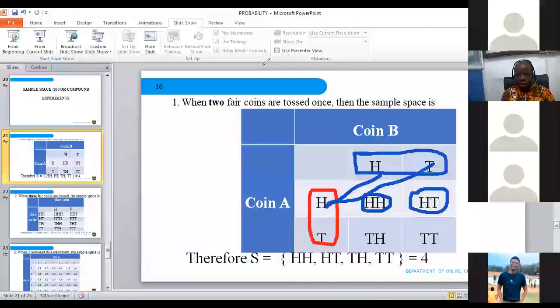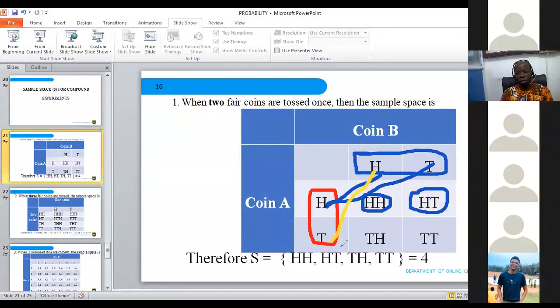Yes, sir. Again, if you take the second result in coin A and the first result in coin B, it will give you tail, head. Okay? If you do the same thing to this, you combine this and this, it will also give you tail, tail. Is that clear? Yes, sir.